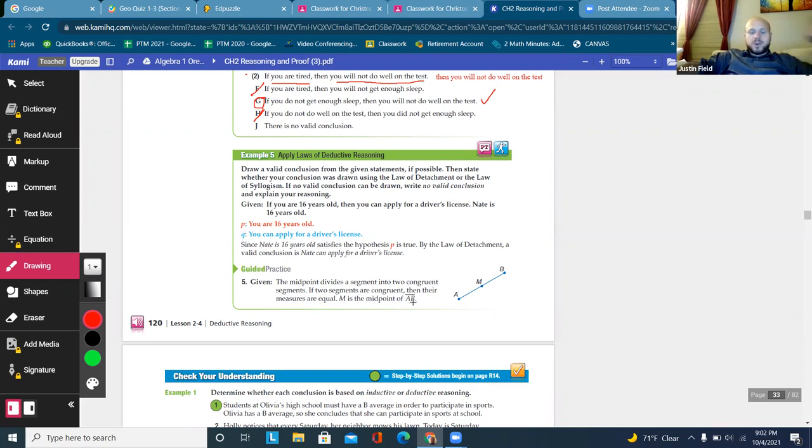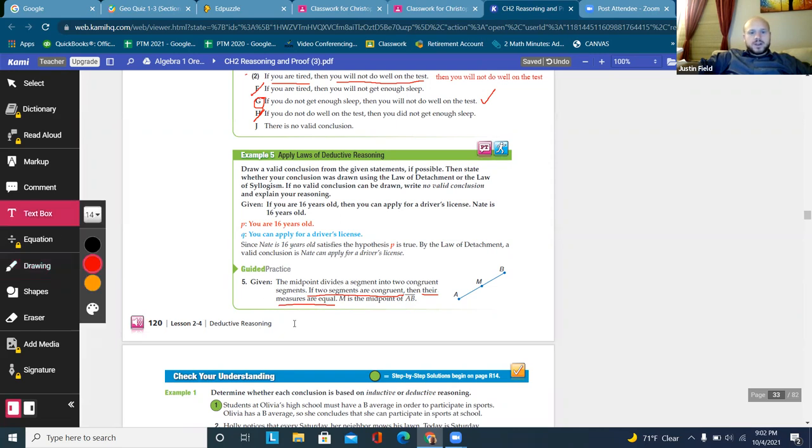M is the midpoint of AB. All right, so where is our conditional statement? It's right here. If two segments are congruent, their measures are equal. Oh, and also a midpoint divides a segment into two congruent segments.